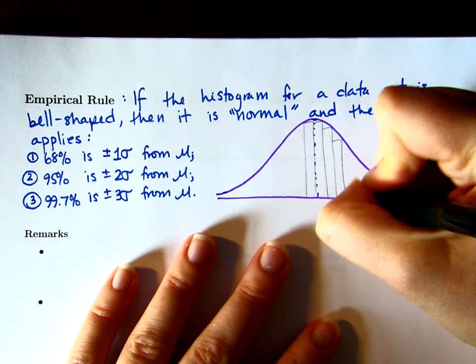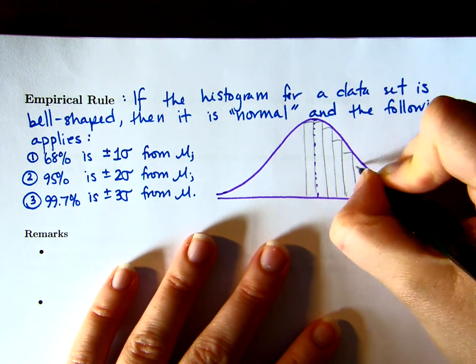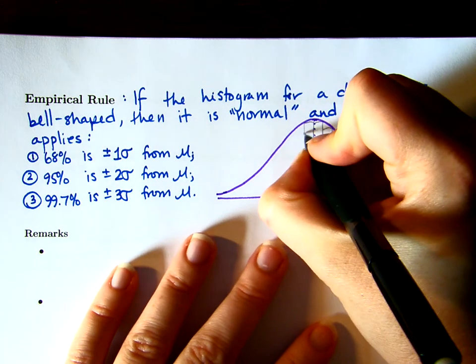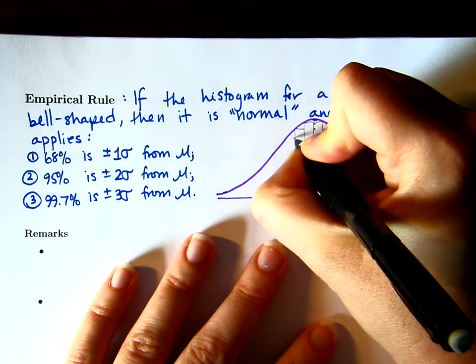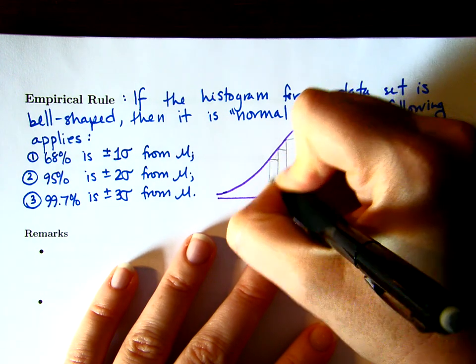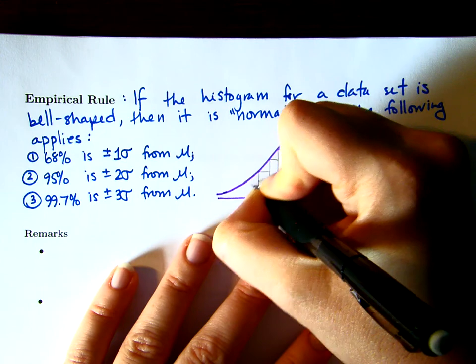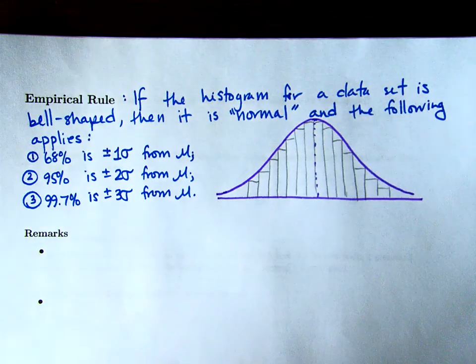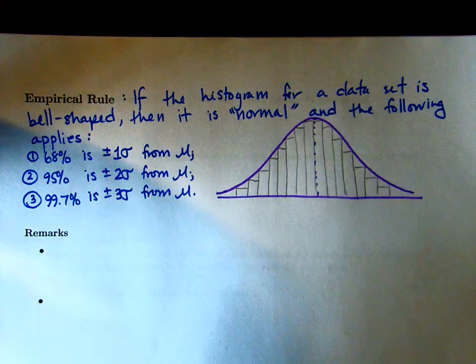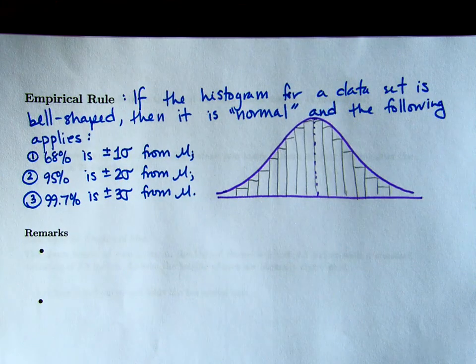Yeah, I'm just rough sketching a histogram that would give us a bell shape. Something like that. Our data maybe looks like that. Okay, so we have this histogram and it looks like a bell, and right down the middle is the mean.